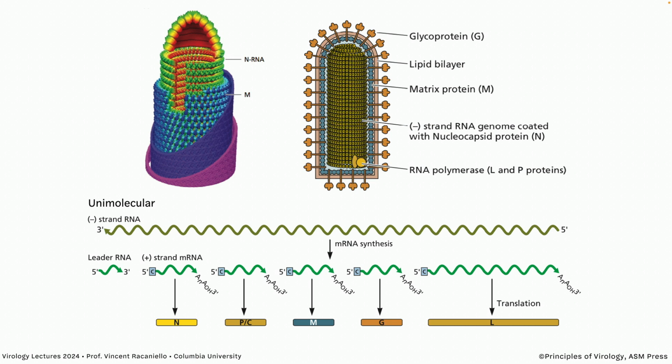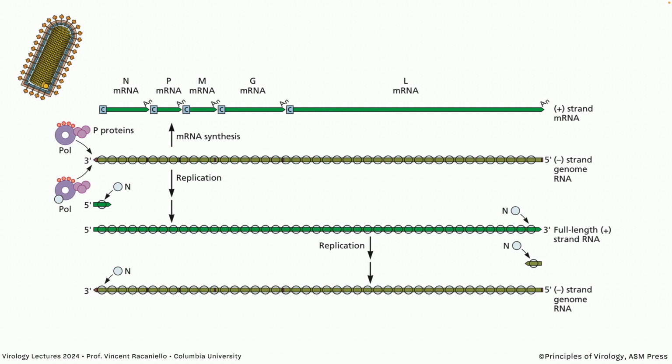So the mRNAs are made, they're translated in the cytosol, and here L is the polymerase protein, G is the glycoprotein spike, and so forth. So that's the overall strategy.